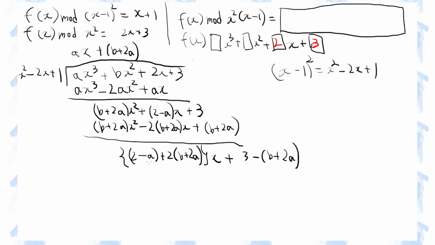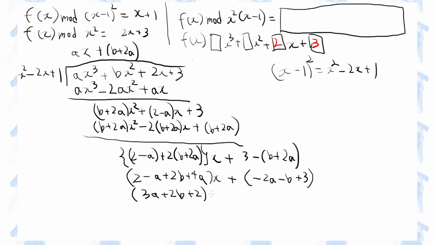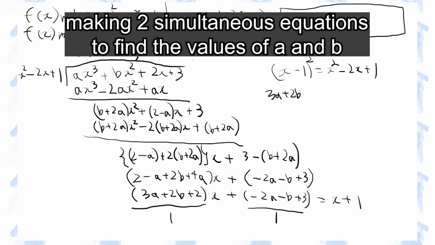Let's simplify this expression. We know that the remainder of this division is x plus 1, so this is equal to x plus 1, meaning that this part is equal to 1, and this part is also equal to 1. 3a plus 2b plus 2 is 1, and minus 2a minus b plus 3 is 1.